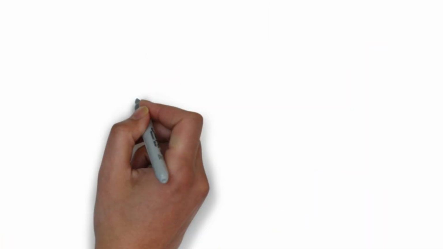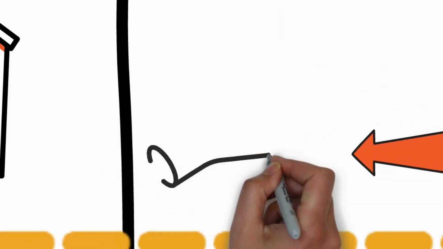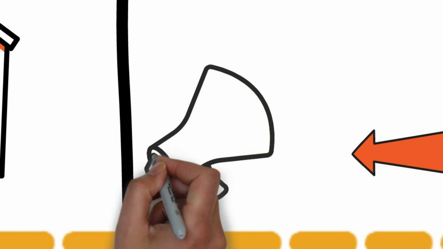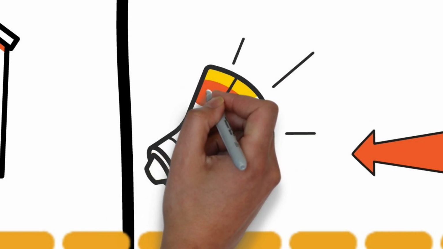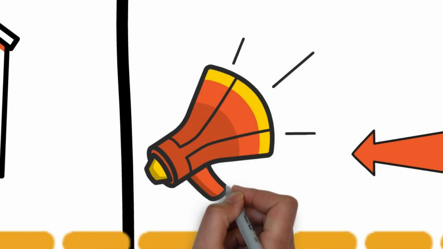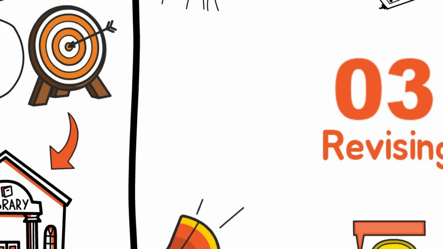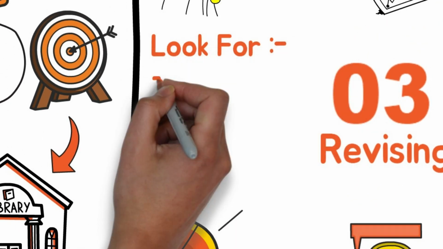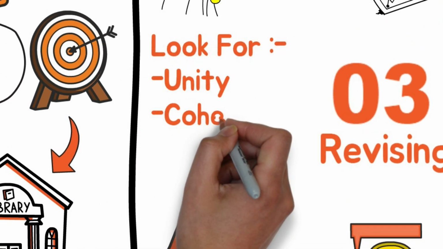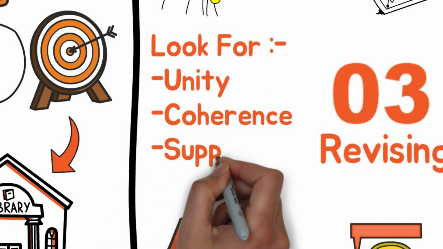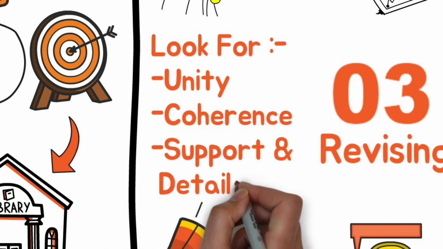It looks for unity, meaning does everything refer back to the main point? It looks for detail and support, meaning does each body paragraph contain at least 2 examples or a supporting detail? Then it looks for coherence, that all the points connect to form a whole.